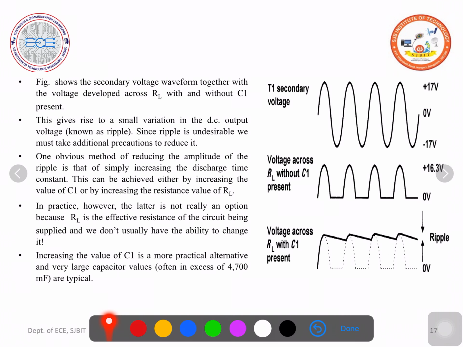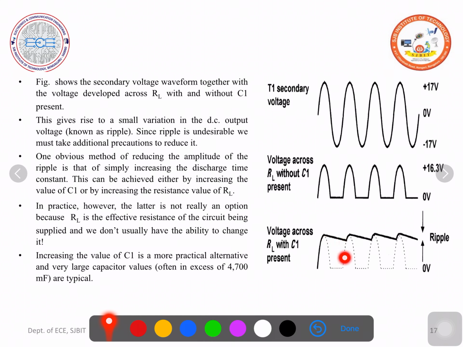So here you can see, this is the secondary voltage waveform. Here this is the voltage across RL when there is no reservoir capacitor. If you connect a capacitor, it will charge. The capacitor gets charged to the peak value and it discharges very slowly because discharge time constant is more.